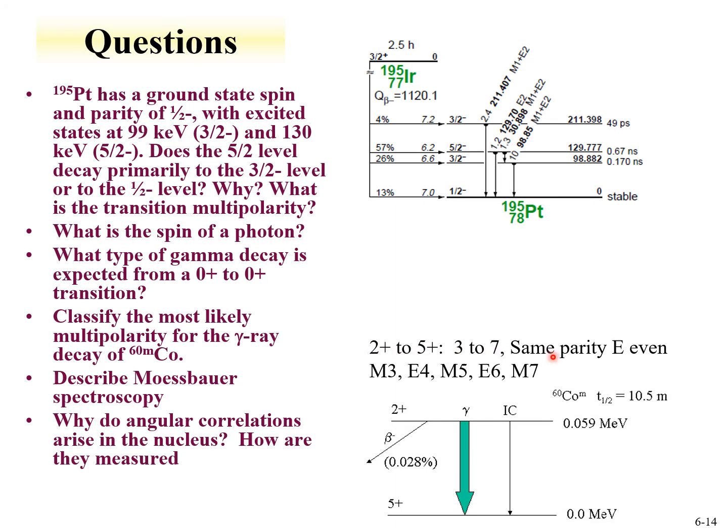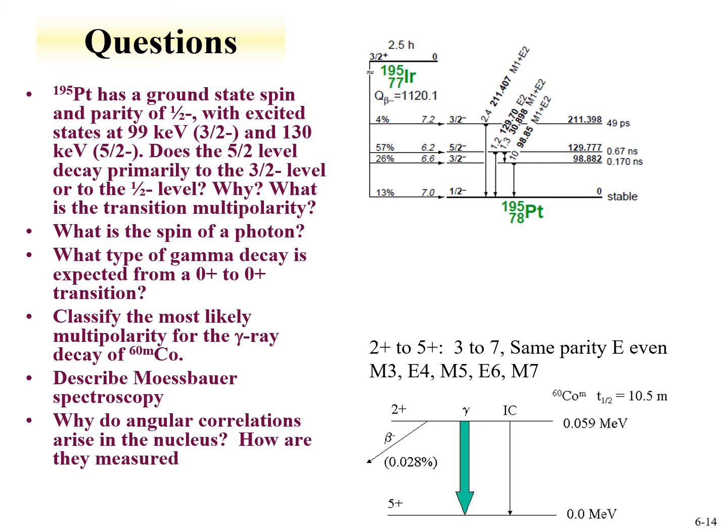The same parity, so the E's are the even and the M's are the odd transitions, so we'd have M3, E4, M5, E6, or M7 as possibilities. And as we learned, the lower multipolarity is the one that's most likely, and you could check in the table of the isotopes that this indeed is the probable transition, the M3 state, for the photon emission from 60M cobalt.